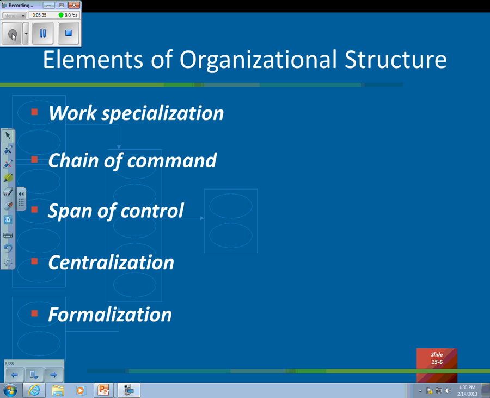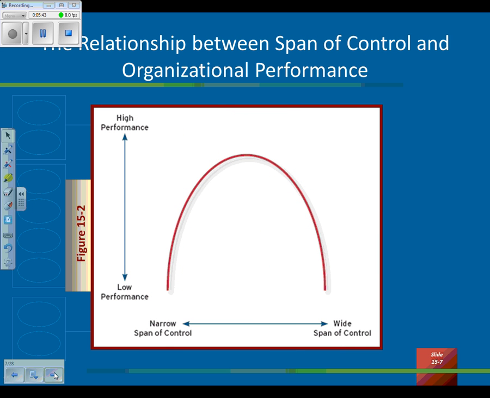So let's advance on to how some of these elements are combined. The next slide is showing you the relationship between span of control and organizational performance. Obviously, if you have a narrow span of control and people are not willing and able to do their job, the performance level is going to be low.